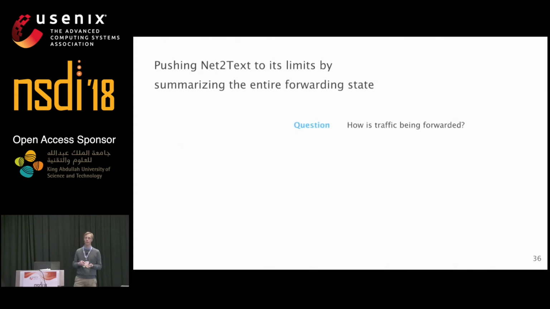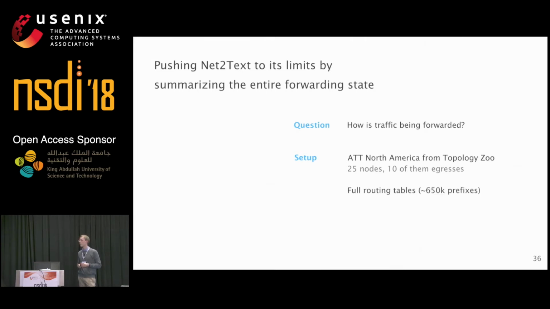I will now show you the results for one evaluation we did on the AT&T North America topology. We generated the data for this, and the topology has 25 nodes. We have full routing tables, and the summaries in the end contained 4 features: the ingress, the egress, destination, and whether the path follows the shortest path.